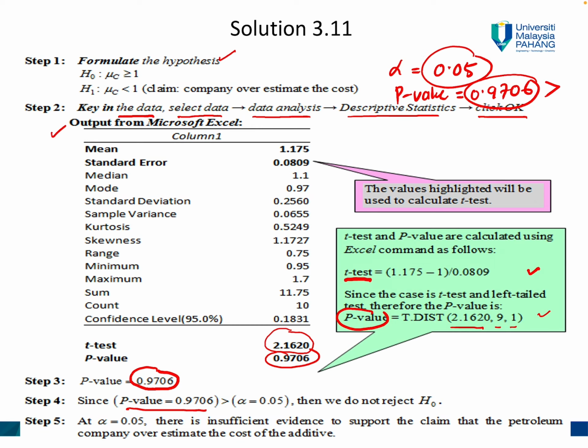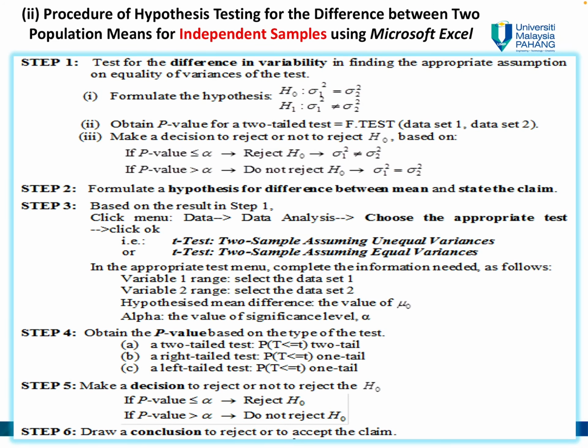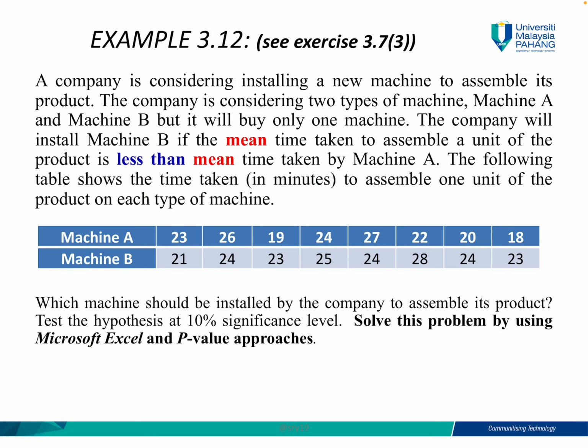Since p-value 0.9706 is greater than alpha 0.05, we do not reject H null, or we can say that we accept H null. Okay, and then draw your conclusion. Cool. So this one is the procedure of hypothesis testing for the independent sample mu1 minus mu2. So you can follow this procedure. Actually, this one is for the assignment. You can go through the procedure.